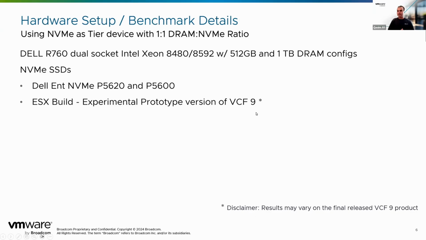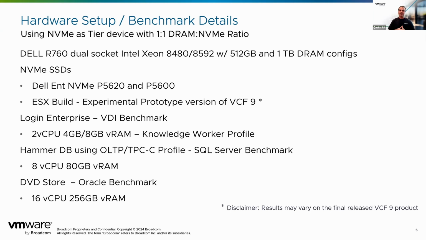All right, now that I have sold you on how memory tiering can optimize your VM density, let's go into the performance results. For this one, we used NVMe as a tier device with a 1:1 DRAM to NVMe ratio. That means, let's say we have a 1 terabyte DRAM host, you use an additional 1 terabyte of NVMe capacity to increase your system memory.